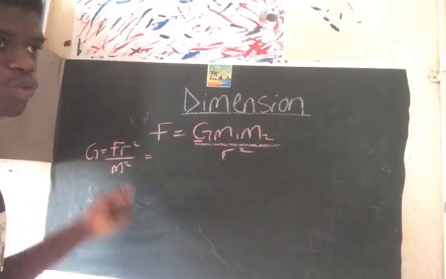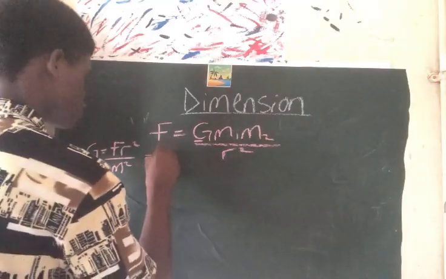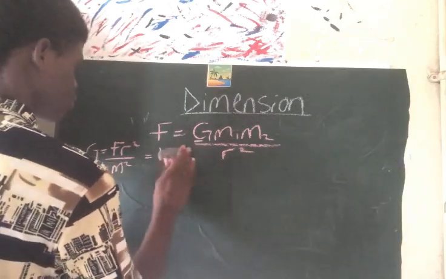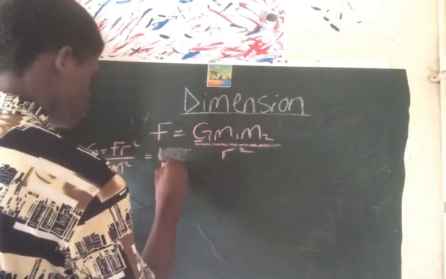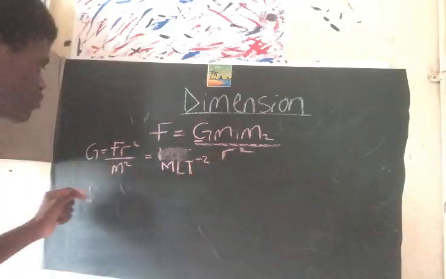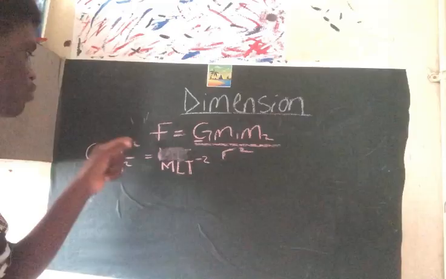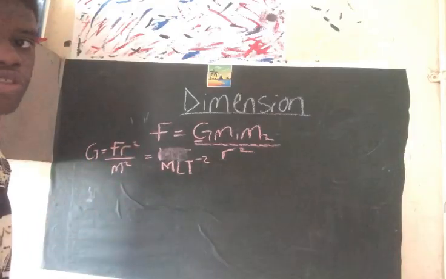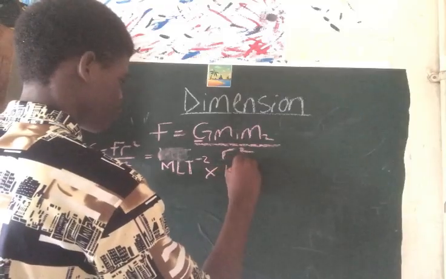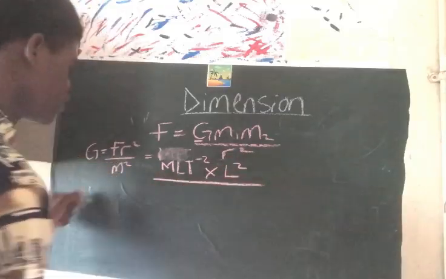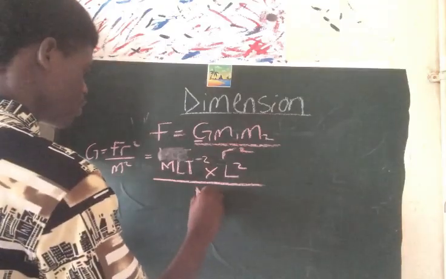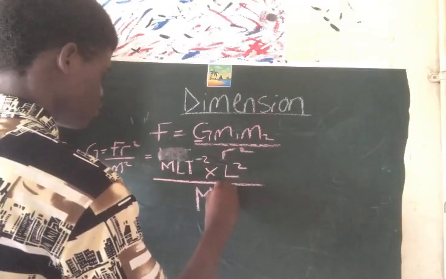The dimension of force, we need to know this one offhand. The dimension of force is M L T raised to the power minus 2, times r squared. R is radius, and radius is also length, so you can just represent it with L squared, over M squared, that's mass.